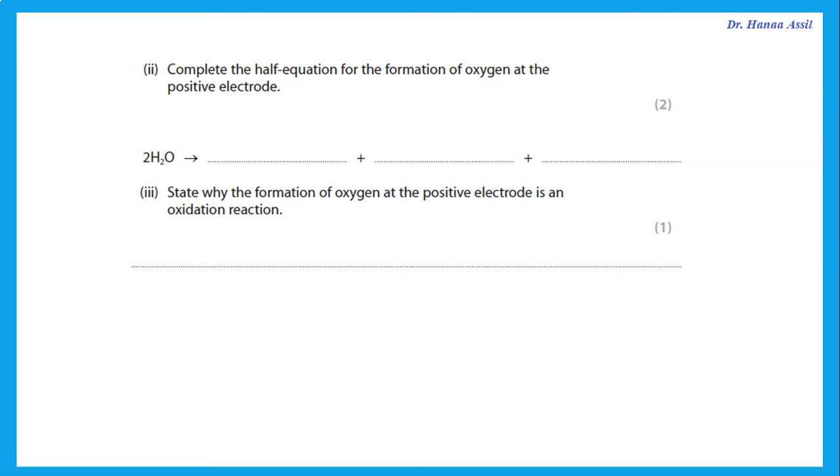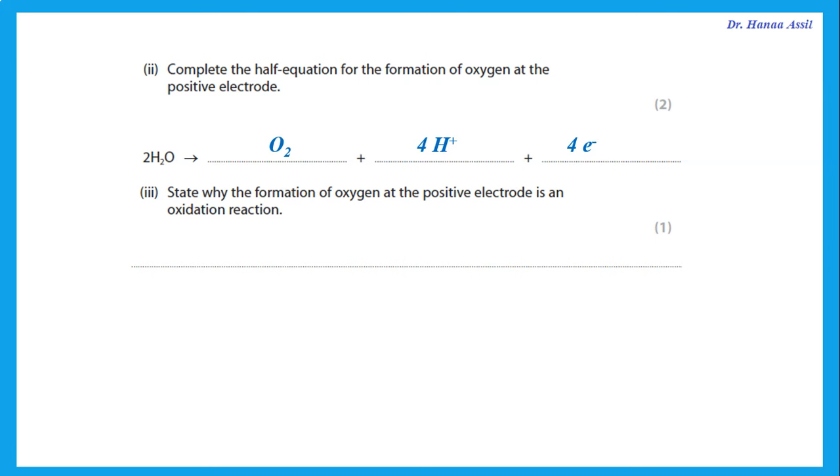Complete the half equation for the formation of oxygen at the positive electrode. This may be an equation that is different from what we usually teach, but it already tells you that this water is going to change to oxygen. So one of your products is going to be oxygen. Of course, if I start with something that has hydrogen in it, then we will have H plus ions, and this is happening at the positive electrode.